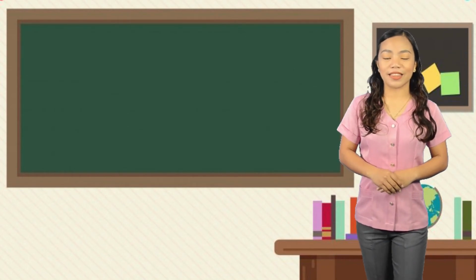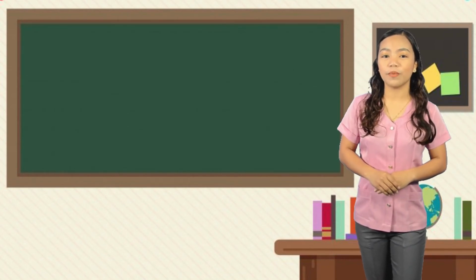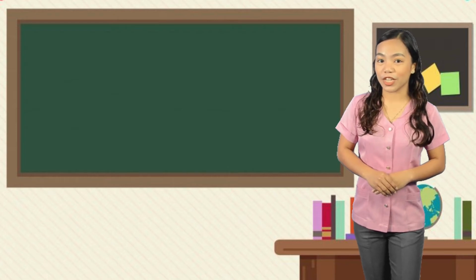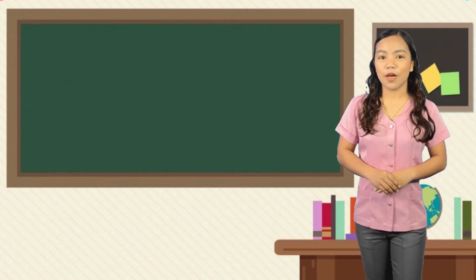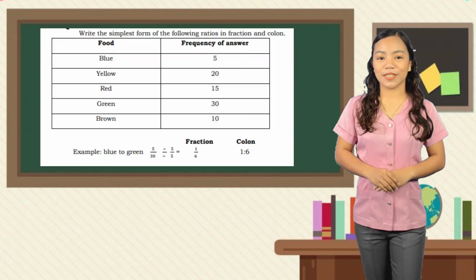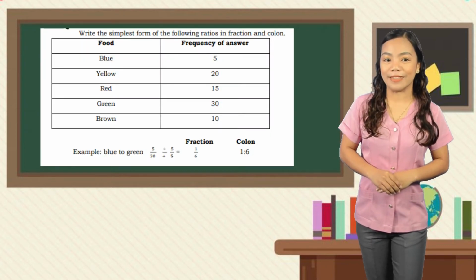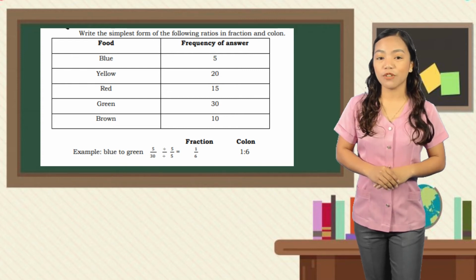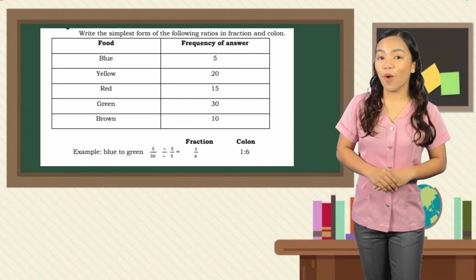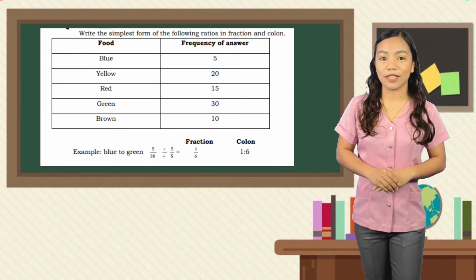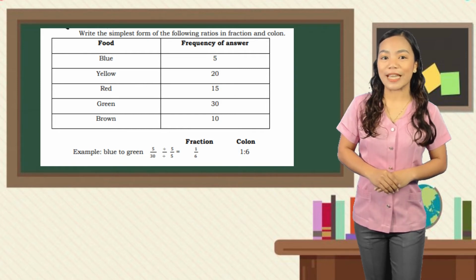We are to write the simplest form of the following ratios in fraction and colon form. For example, let us write the ratio of blue to green. Its fraction form shall be 1/6 and its colon form 1:6.